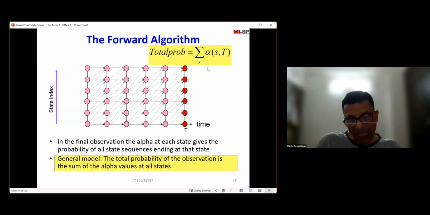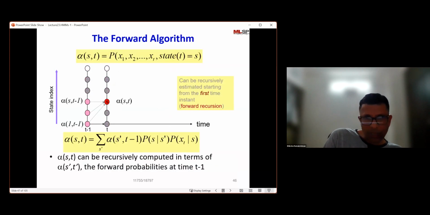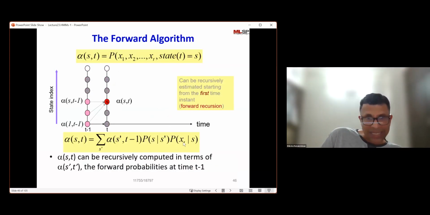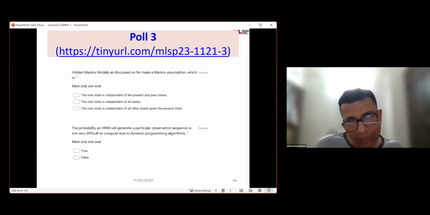So if I sum out the states, I'm just going to end up with the probability of all observations, or the observation sequence. So this is xt because I have arrived at state S, and then from state S, I must generate the tth observation. Xt minus 1 is already factored into the previous alphas, right? Okay.